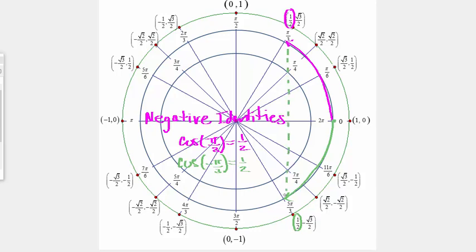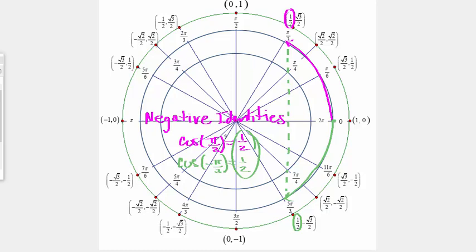So I'm drawing a dashed line from the terminal point for the arc pi over 3 on top, straight down vertically to the terminal point for negative pi over 3 on the bottom, which is, by the way, shared by the terminal point for positive 5 pi over 3, which you can see labeled here. So the symmetry illustrated by this vertical line connecting those two terminal points reminds us, hopefully, that those points should have the same x-coordinate, and of course the x-coordinate is the cosine value, and what do you know, they match.